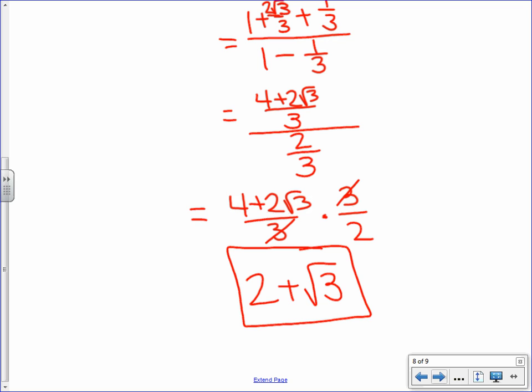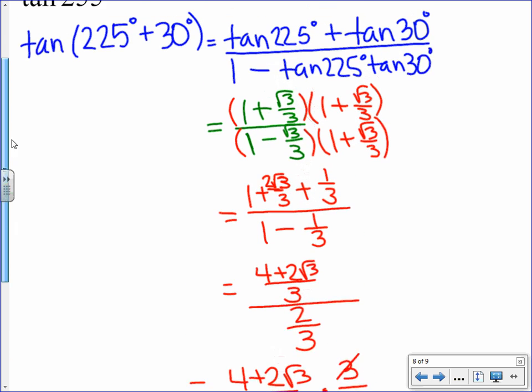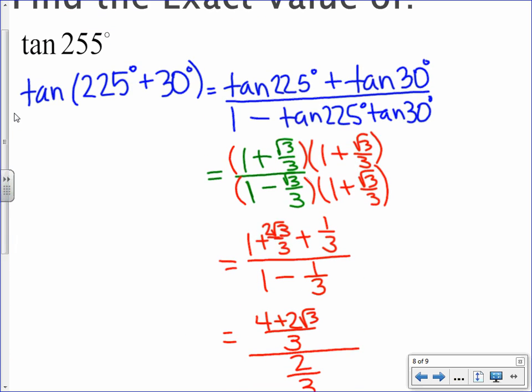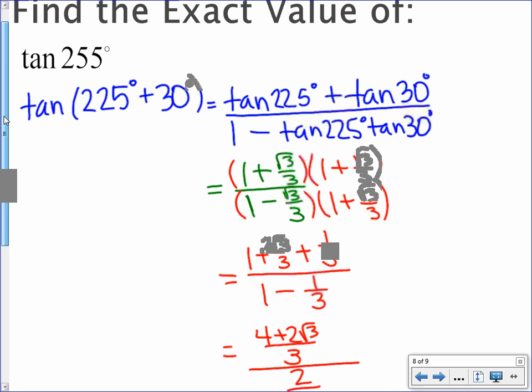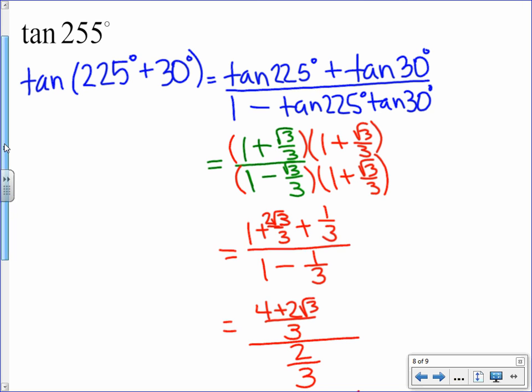Okay, that was a little work. No matter what, this tangent formula, when we're doing problems like this, will create a little bit more work because we're going to get that radical in the denominator. Now, here's my suggestion.